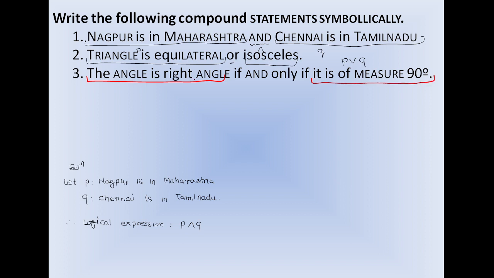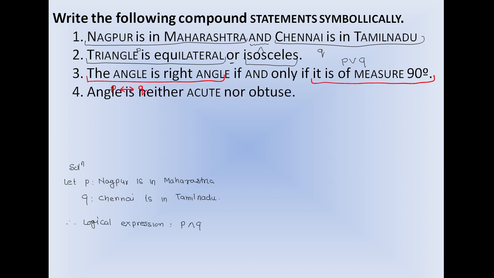The angle is a right angle. What is Q? It is of measure 90 degree. And they are connected with if and only if. Now what is the if and only if? It is a double implication. So what is the logical expression for this? P double implies Q will be the logical expression for this compound statement.